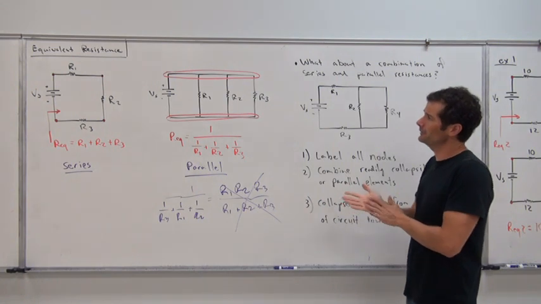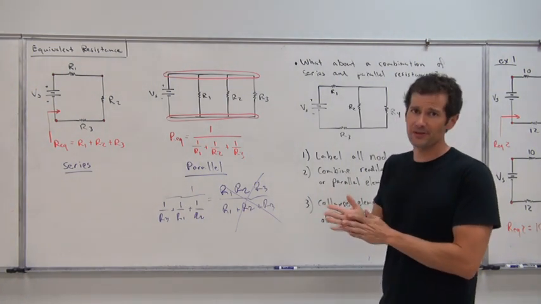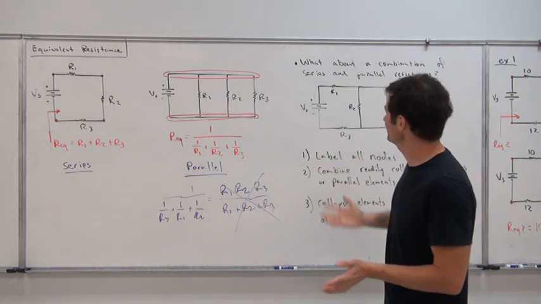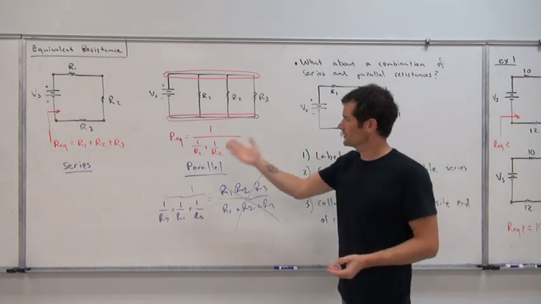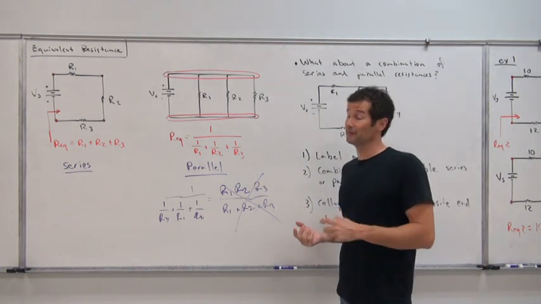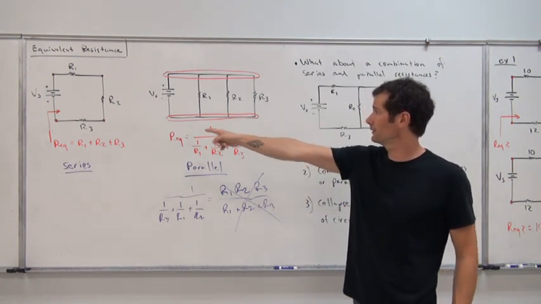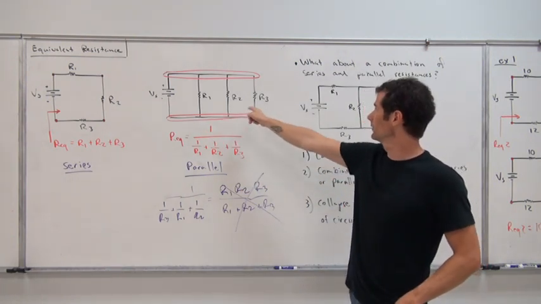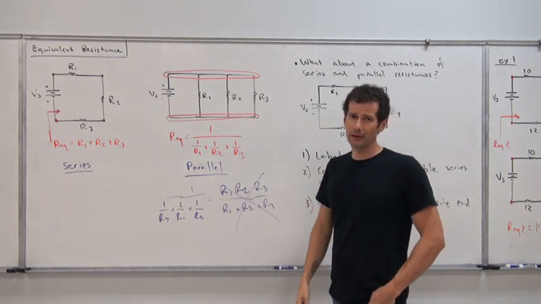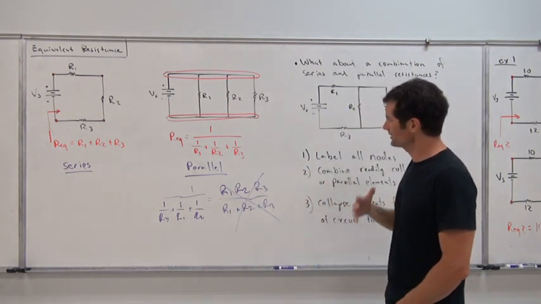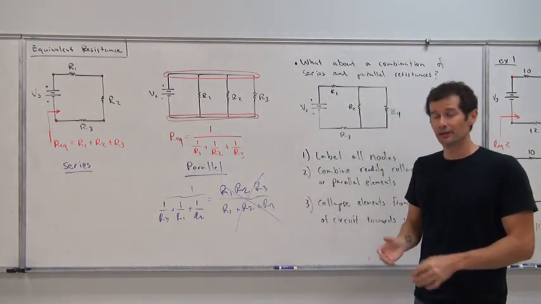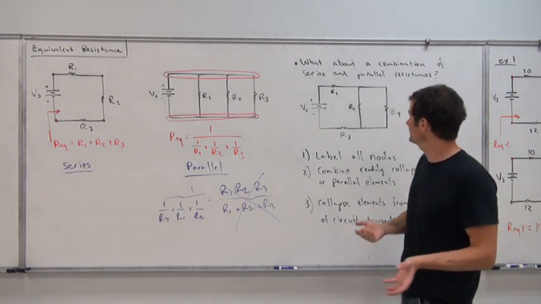But how do we equate resistances together? Because when we have combinations of series and parallel elements, obviously these are very, very simple circuits here. R1, R2, and R3 in series on the left, R1, R2, and R3 in parallel on the right here. What if we actually have a combination of elements connected together in multiple manners?